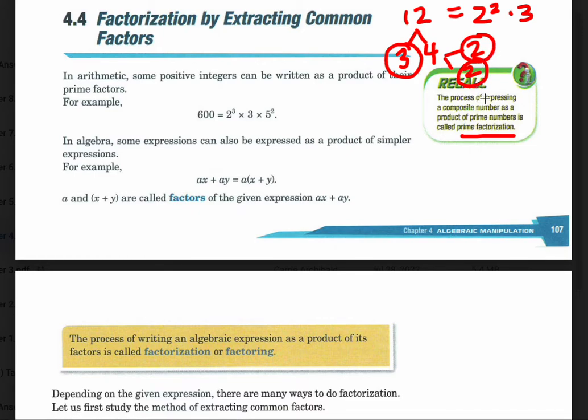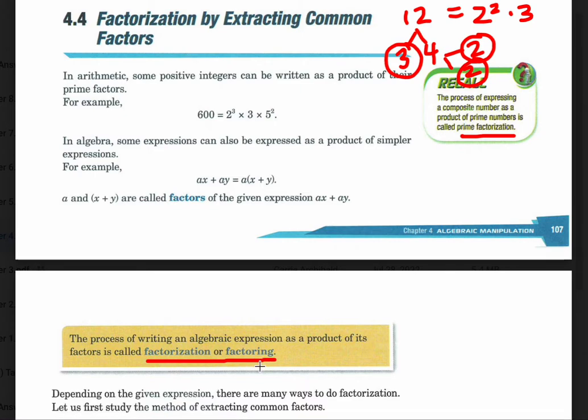So today, when we are factorizing or factoring an algebraic expression, we're using that same concept of breaking down our algebraic expression into factors, the numbers that multiply to get to that term or that number. Be sure that you have this written down in your notes.